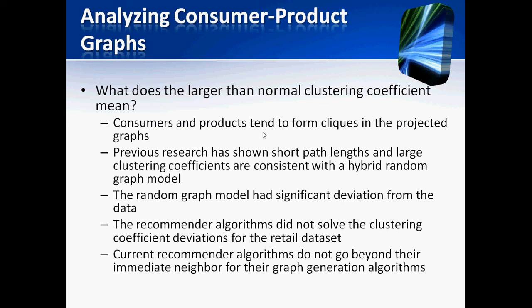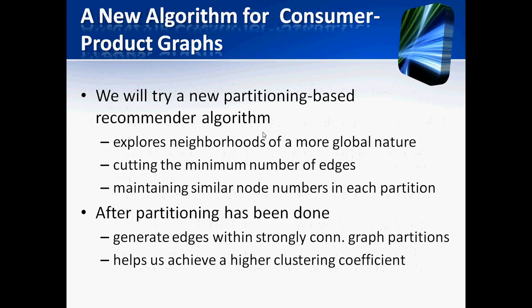The recommender algorithms didn't solve the clustering coefficient deviations for the retail data set. It did for the bookseller data set. At least it looked pretty close. The current recommender algorithms, they notice, don't go beyond their immediate neighbor for generating the algorithms that predict the graphs. So they wanted to do something about that, and they decided to use a partitioning-based recommender algorithm.